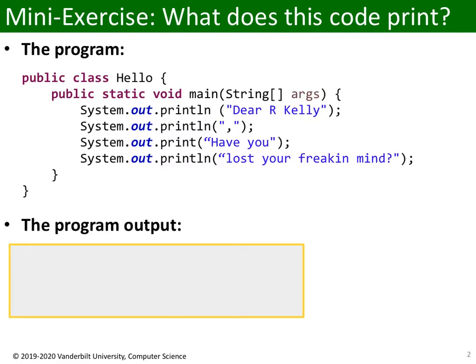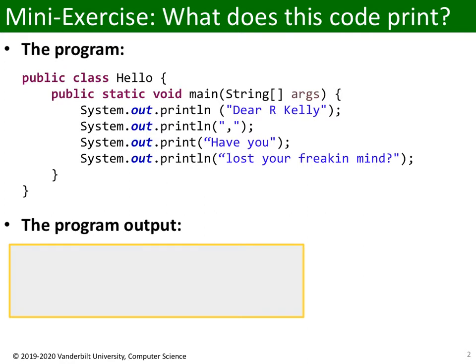So we have a public class called hello. We have a method in that class called main, which is normal, and then we have a print line statement which says Dear R. Kelly, and then a print line statement with a comma, and then a print statement saying have you, and a print line statement that will print lost your freaking mind.